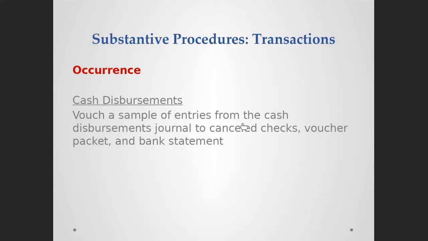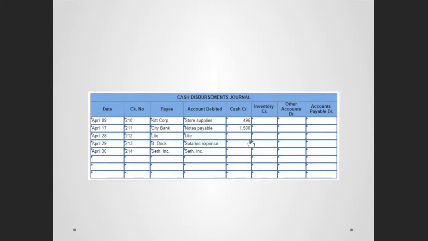This copy is in your client's office. So you can examine this. This is called a canceled check. The first thing you're doing is taking a sample of entries from the cash disbursement journal and you want to see, okay, I have this check number 210, $496.